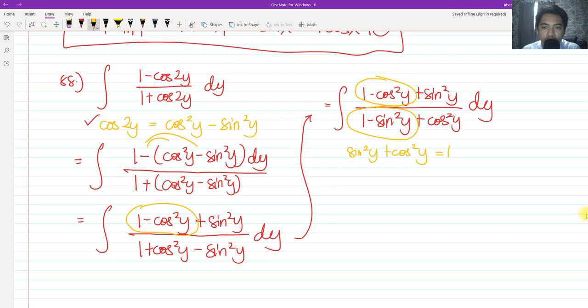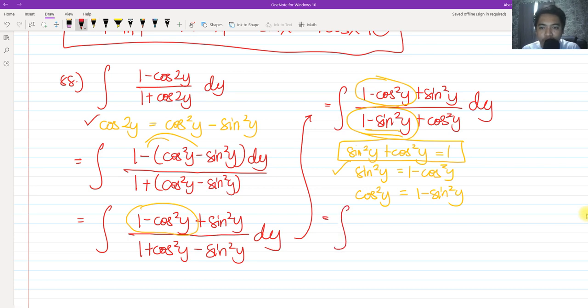So 1 minus cosine squared y becomes sine squared y. And 1 minus sine squared y now becomes cosine squared y. We have already derived it here from the Pythagorean identity. So we can now substitute. 1 minus cosine squared y is simply sine squared y. So we have sine squared y plus sine squared y all over 1 minus sine squared y, which is cosine squared y.